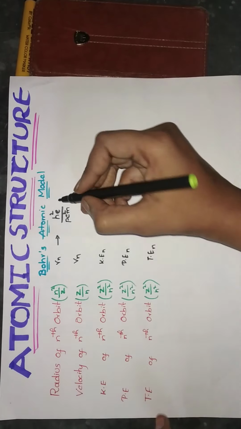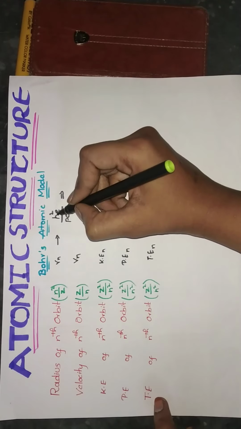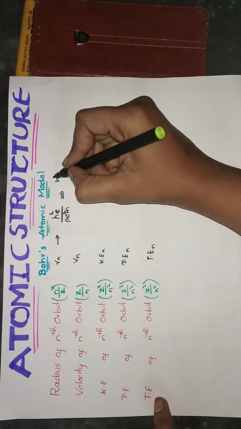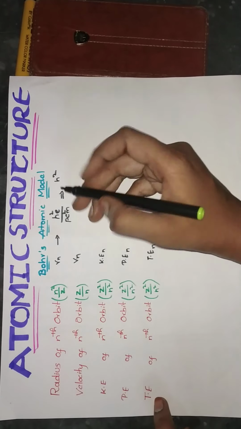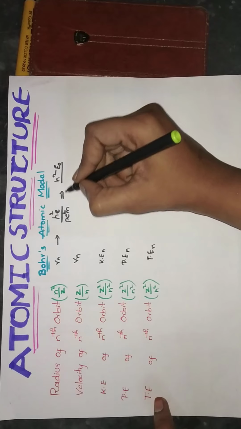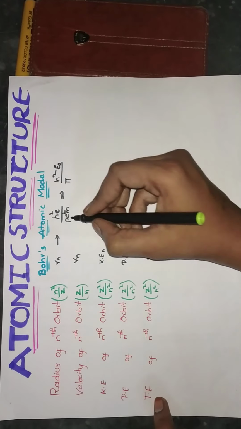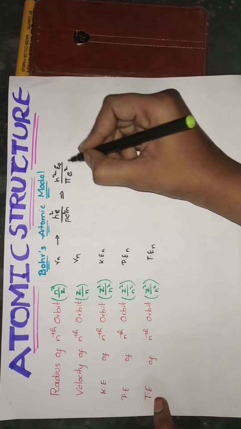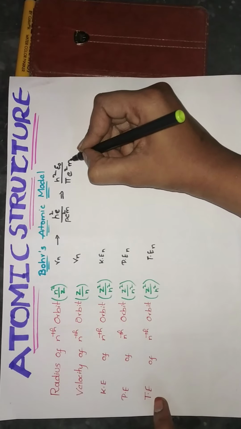Here h is Planck's constant, h square, and e, which is not squared, will be epsilon naught by p means pi, e square and m.